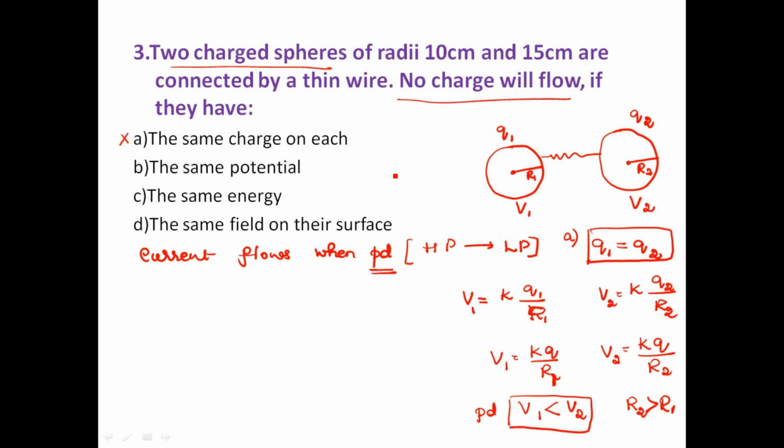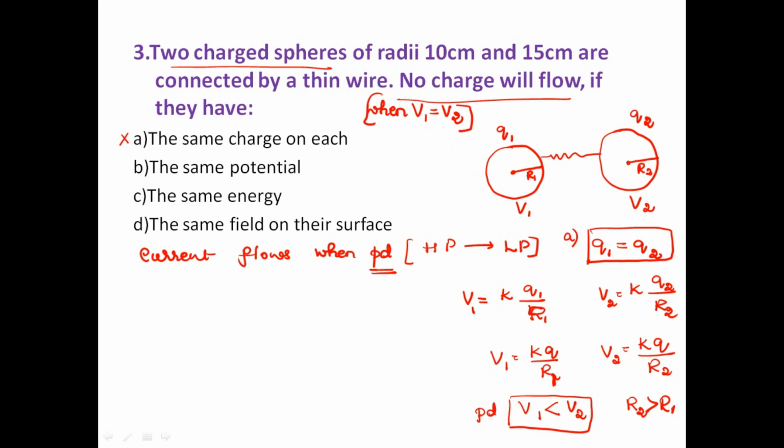Even though the charges are the same, the potential is different. Do you think that the potential being the same makes the charge not flow? Make a note that no charges will flow if the potential is the same. Charges will not flow over the spheres when the potentials are the same, which is very important to note.